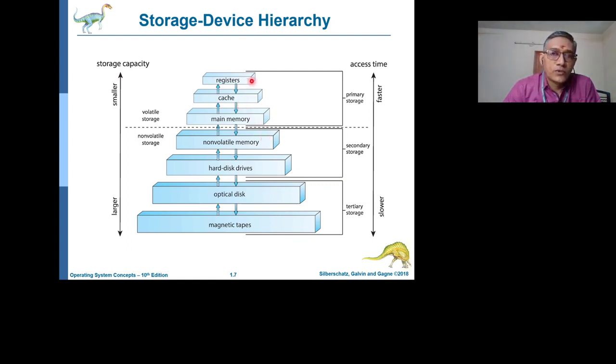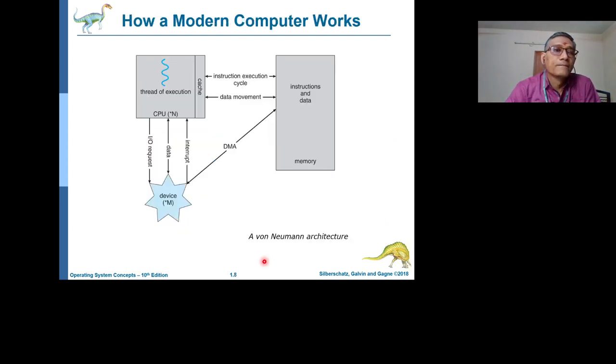The closer to the processor, the faster the access time and the smaller the storage capacity. As the distance from the processor to the storage device increases, the storage capacity also increases, but the access time is slower. This is about the storage device hierarchy.